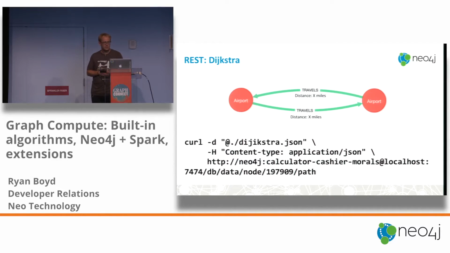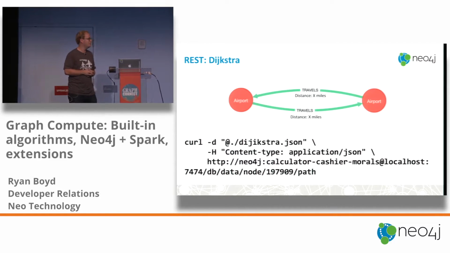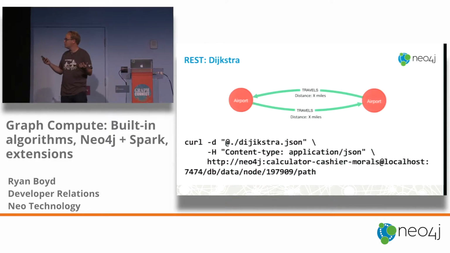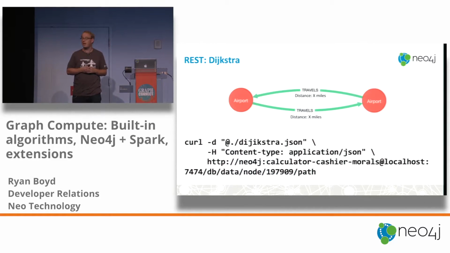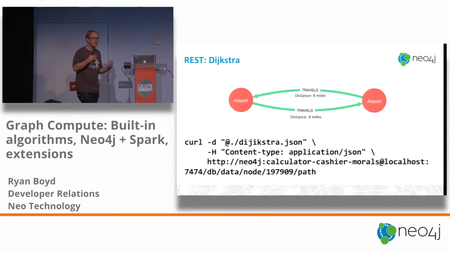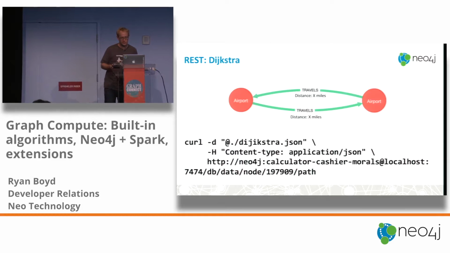So for that, we can use the Dijkstra algorithm. The Dijkstra algorithm allows us to have a cost on each of these traversals. In the case here, we have these 2 airports, and on the travels relationship, we have a distance property, and we want to compute the shortest path considering what the distances are.